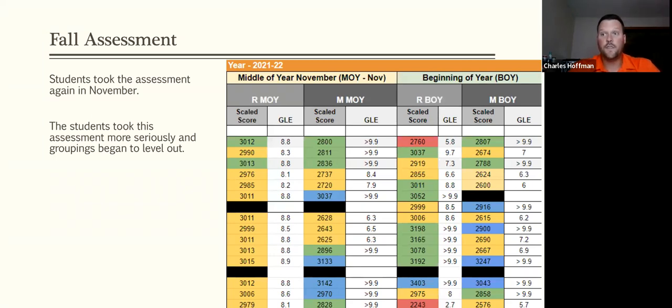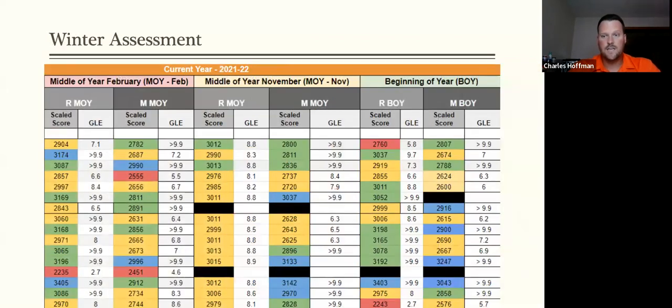And then we took a third assessment, and that's the one I call the winter assessment. We took it in February. You're going to see here beginning of year, middle of year, and then the middle of year in February, the winter assessment. My students, when they were placed with me, my group was primarily supposed to be on the 8th grade level between 8.1 to 8.9. So again, I'm focusing on the reading category.